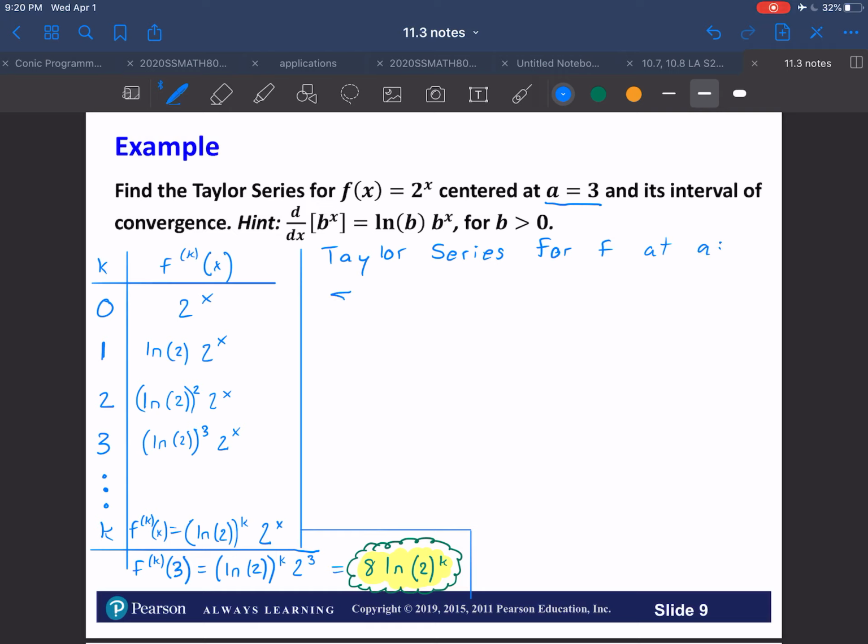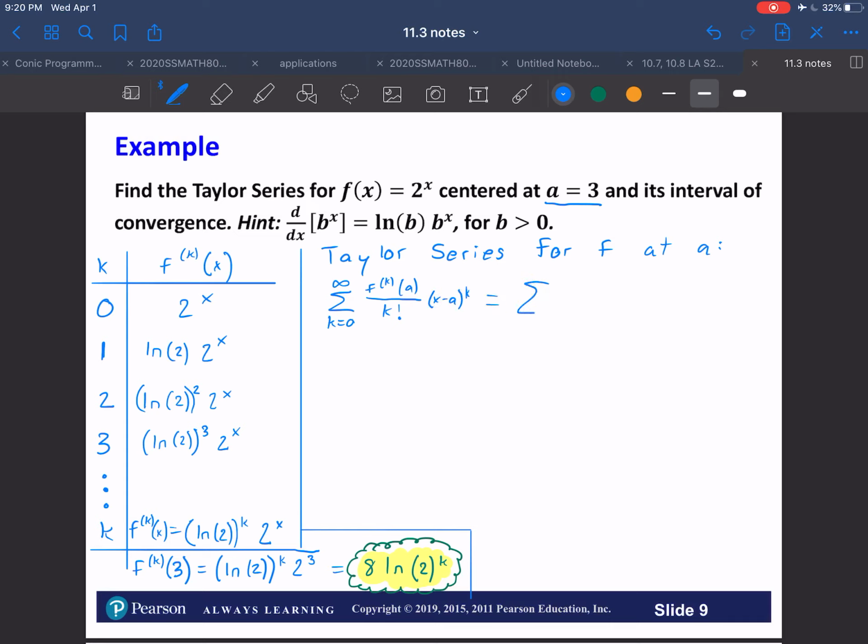It is the sum from k equals 0 to infinity. Let me write out in general what it should be. It's in general fk of a divided by k factorial times x minus a to the k.